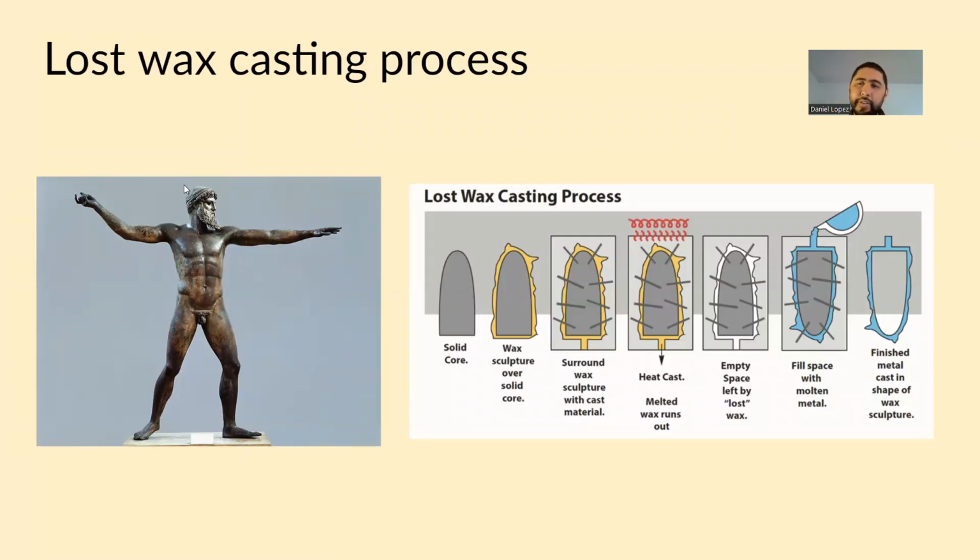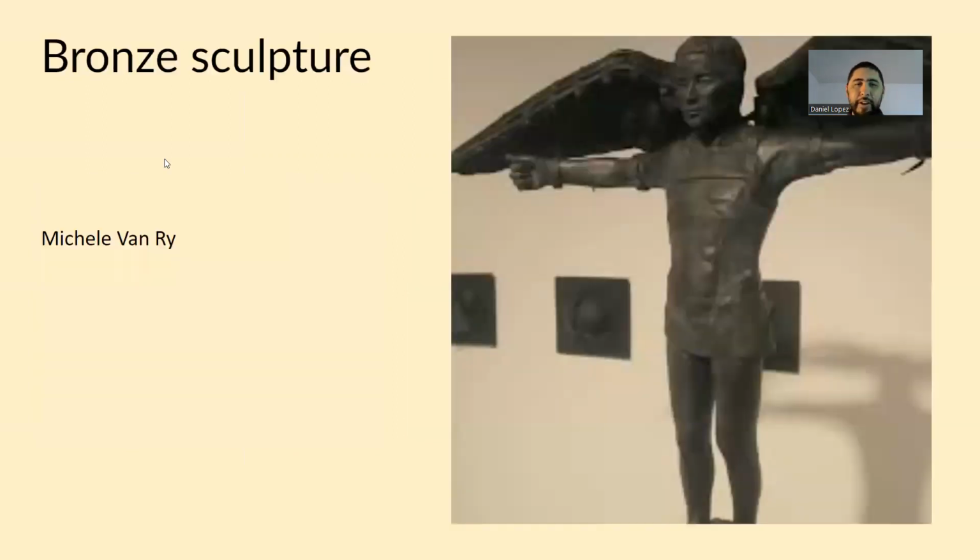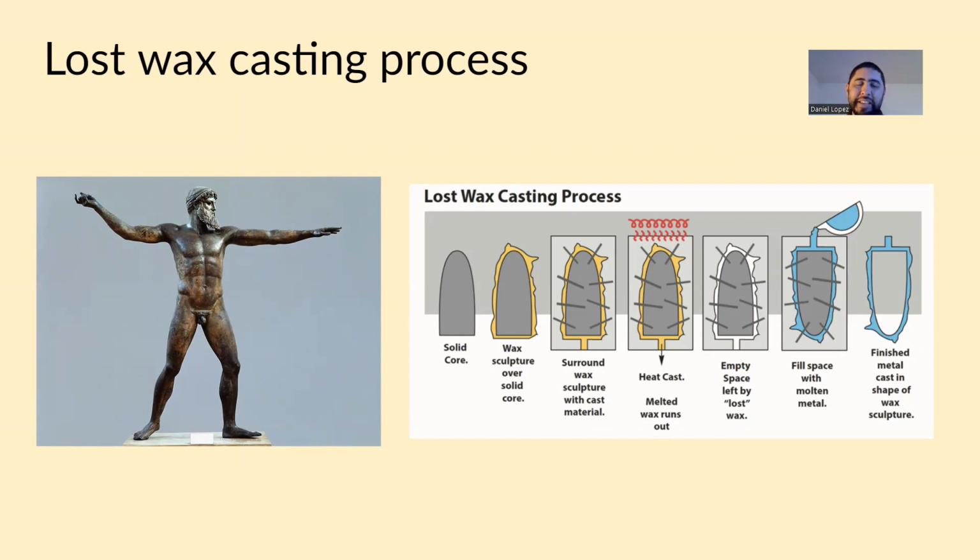So this is a process of making a bronze sculpture like this, right? So why not just create something out of bronze and just carve it? I've never carved bronze before, but it's probably really intense and not easy to work with. So one of the things about using a lost wax casting process is that wax is more malleable.